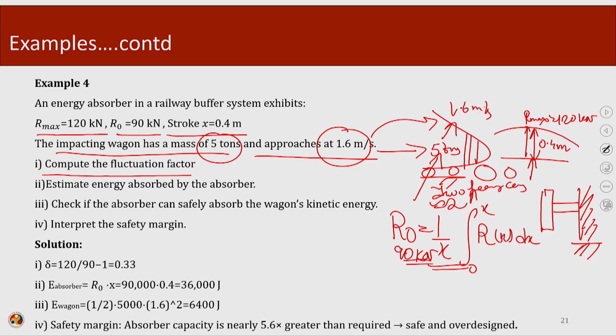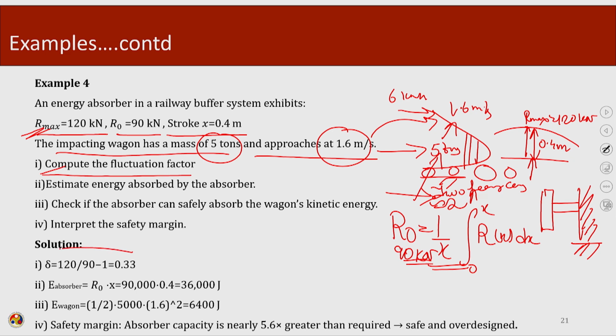And it has an approach velocity of around 6 kilometer per hour. It means that it is lying in the yard and it is approaching the yard. And the energy absorber has these characteristics. So, we need to compute the fluctuating factor. We will go one by one.